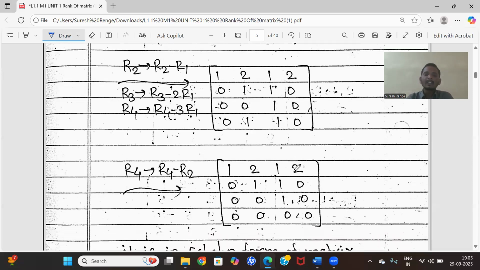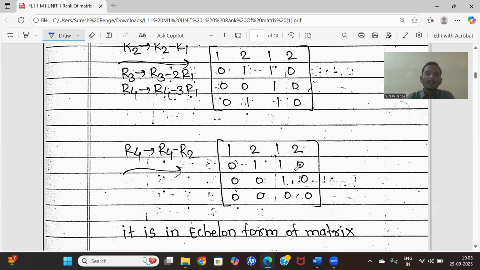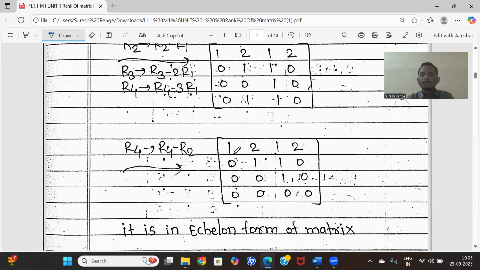Now this new matrix gets converted into the following. There is no change in R1, R2, R3. Therefore, we write R1, R2, R3 as it is: 1, 2, 1, 2; R2: 0, 1, 1, 0; R3: 0, 0, 1, 0; and R4 is equal to 0, 0, 0, 0.